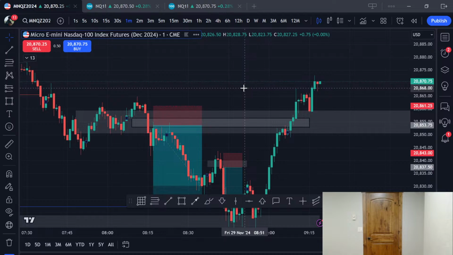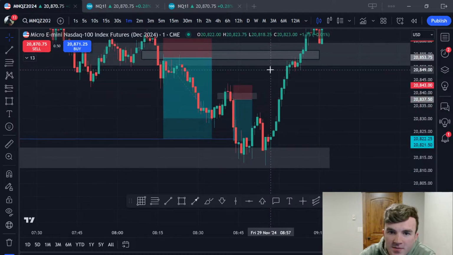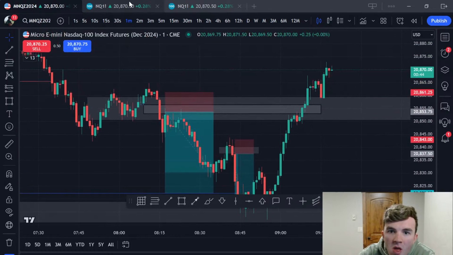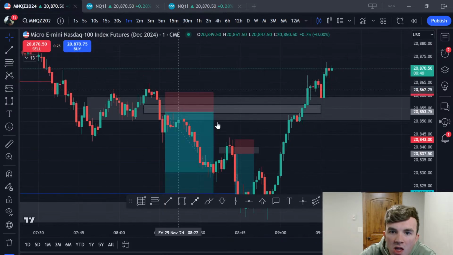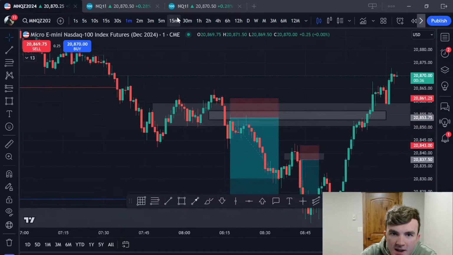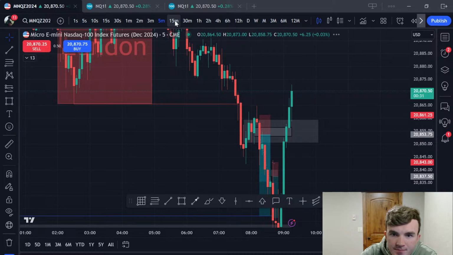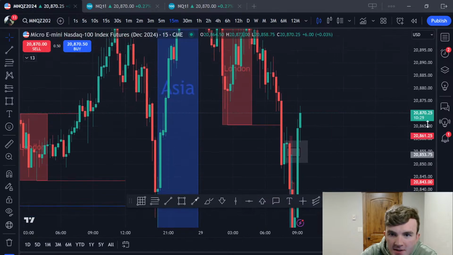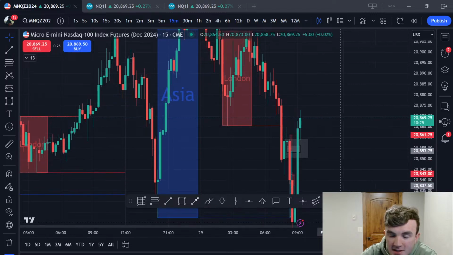It's just frustrating because I want to practice on the trade eval, and I can't even practice without it being a real trade. So yeah, what I'll do is, let's say I was taking this 15-minute FVG up to London's highs. Actually, that's kind of a good trade.